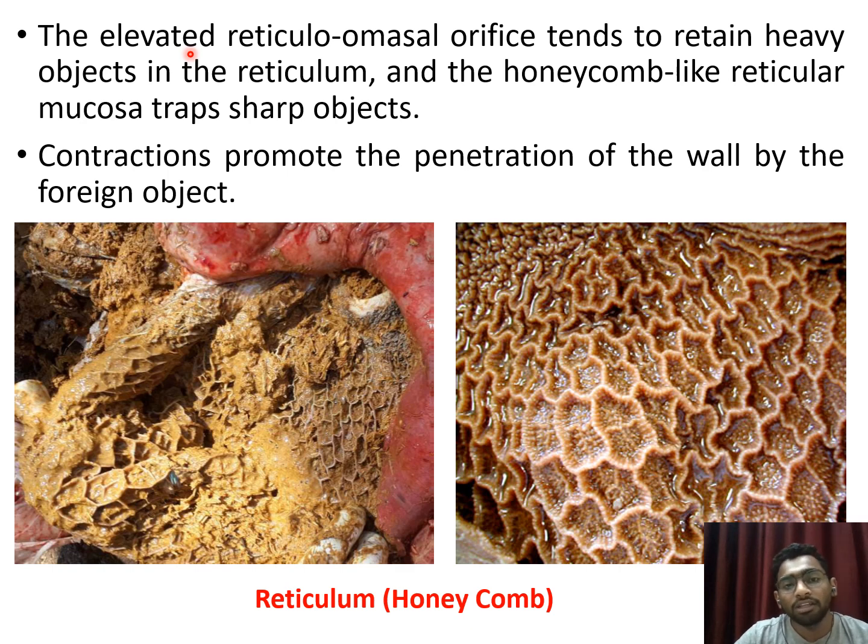So whatever food is eaten by the cattle will tend to stay in the reticulum itself and will be restricted from flowing from the reticulum to the omasum. And one more thing you can see here: this is the structure of the reticulum, which is honeycomb-like. Whatever heavy objects are swallowed by the cattle with the feed will be trapped in this reticular mucosa, which is a honeycomb-like structure.